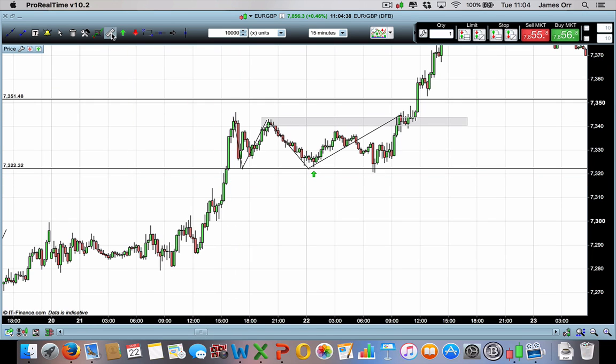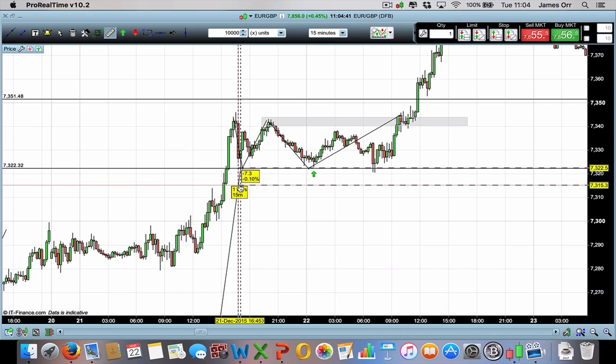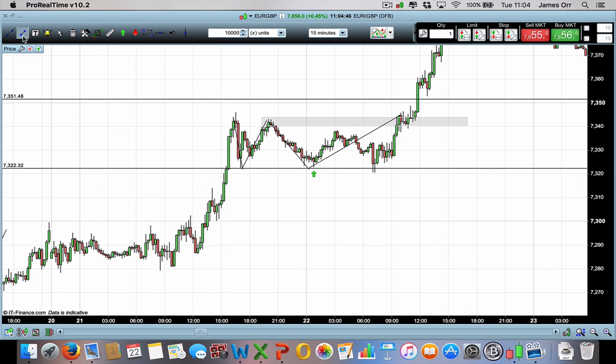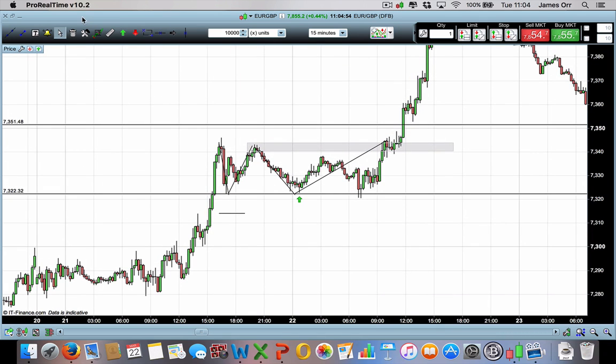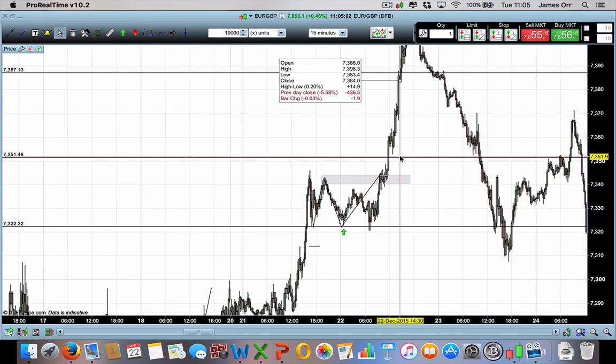Let's say we take on this one 7 points, 8 points. Now every pair is going to be different because every pair moves a different amount. So you're entering after your pin bar, your first take profit is here, and then you are looking for significant candles or previous highs.